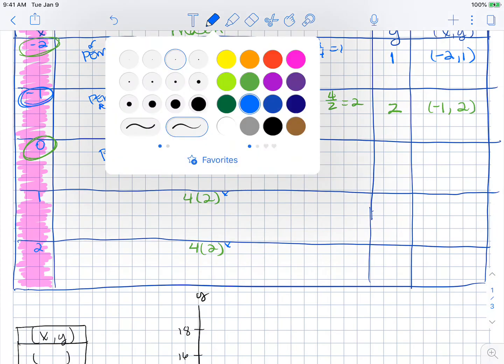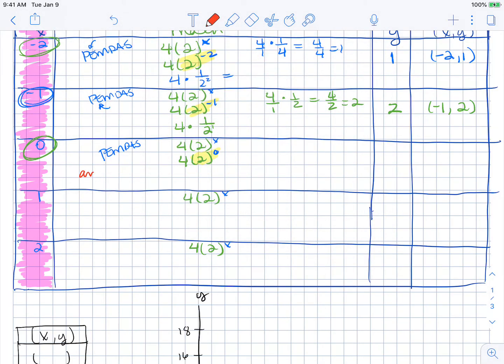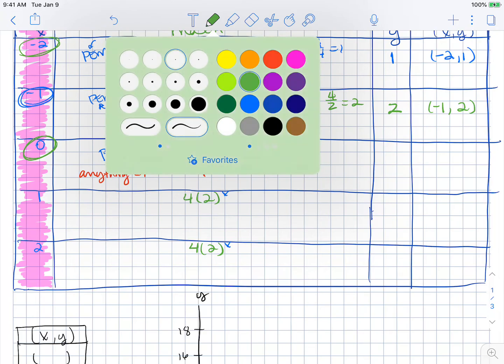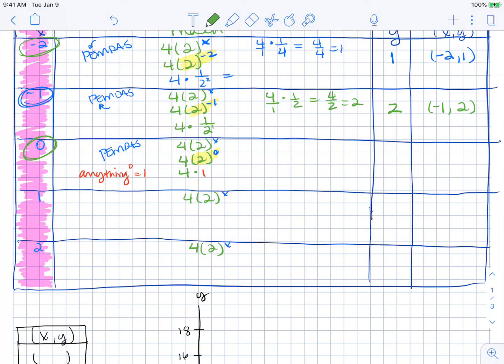It doesn't matter what that is. So this is 1, and I still have my 4. So it's 4 times 1, which equals 4. My y value is 4, and my ordered pair is 0, comma 4.